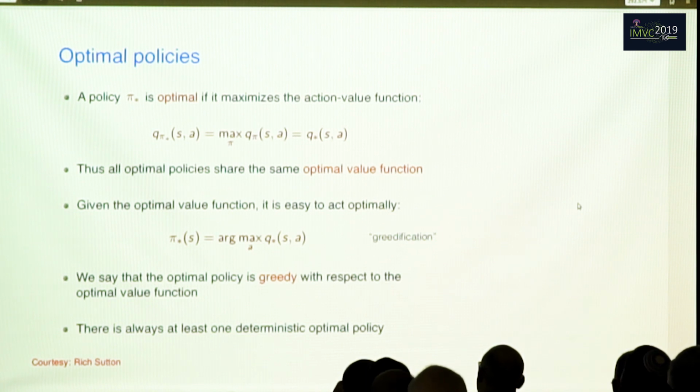In a given state S, we just scan all the available actions A, and execute the action that maximizes Q, the action value function. So we say that the optimal policy is greedy with respect to the optimal value function. We call it greedification. And in a Markov decision process, there is always at least one deterministic optimal policy.